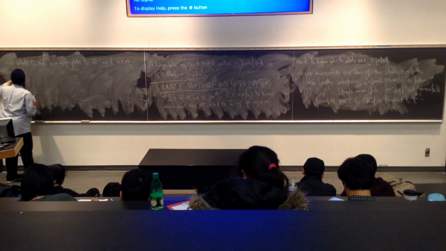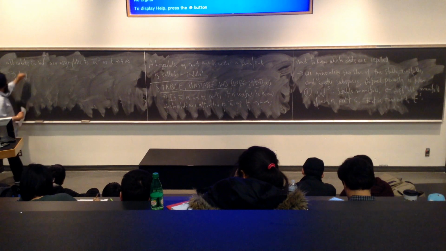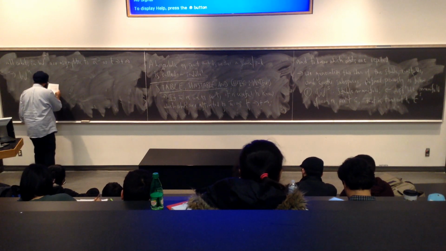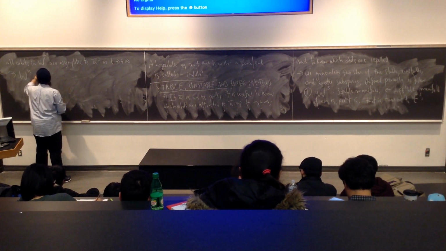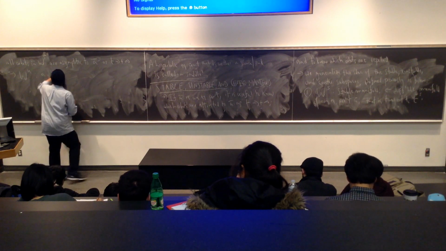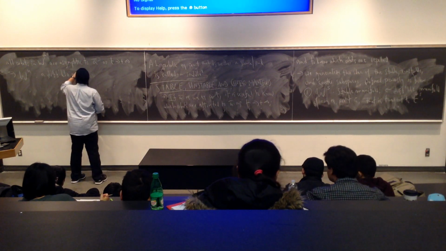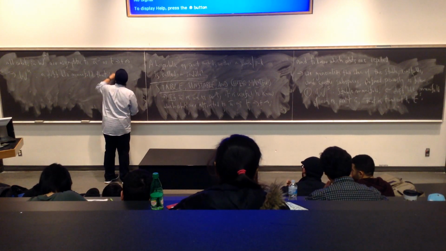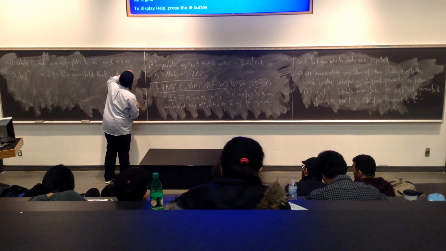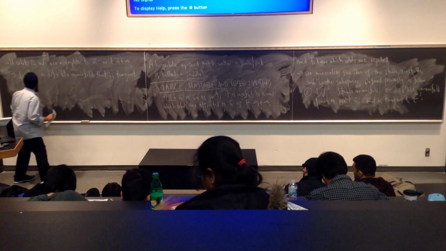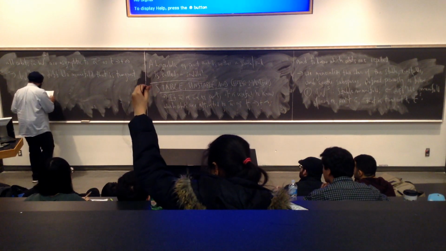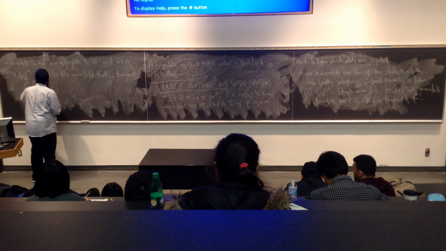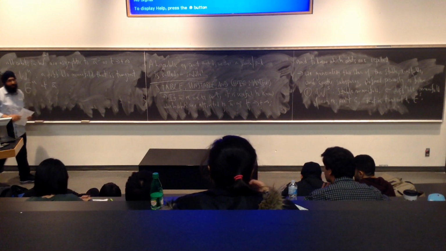Similarly, we have the unstable manifold, which I will call WU, and you can imagine it's just a differentiable manifold that is tangent to the unstable subspace EU at my equilibrium point.